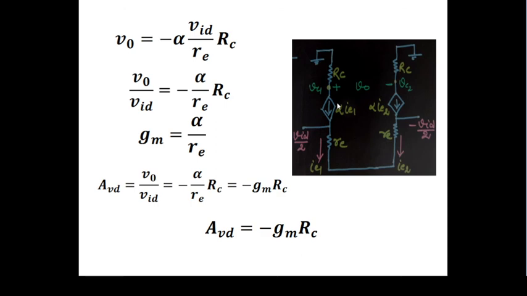Using the T model it is easier to find the gain in comparison to the hybrid pi model. You can also do numericals using the hybrid pi, but sometimes the T model is very useful. So this is all about the simple calculation of the voltage gain of a differential amplifier.